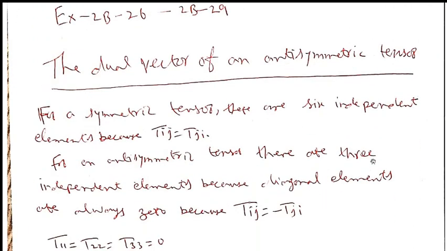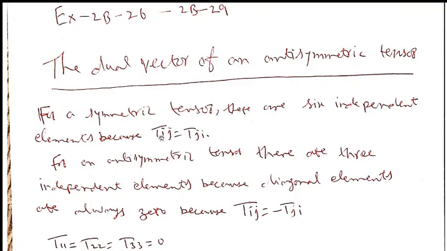We know that for a symmetric tensor there are only 6 independent elements. Why are there only 6 independent elements? Because for a symmetric tensor we have Tij equals Tji. There are 9 components for a tensor in total, and if it is symmetric then it will have 6 independent components.